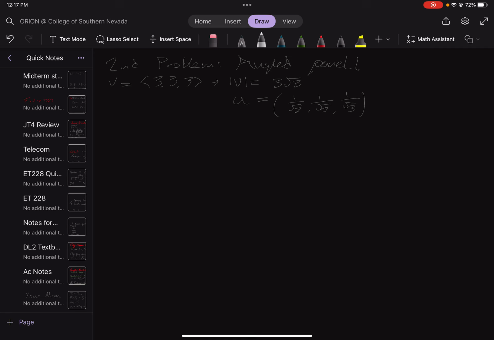So I have the two area vectors of width and length again. And this time, length will be exactly the same. So that vector has been unchanged.